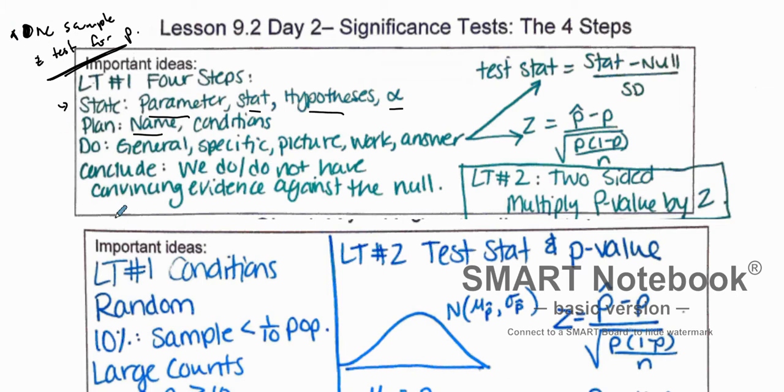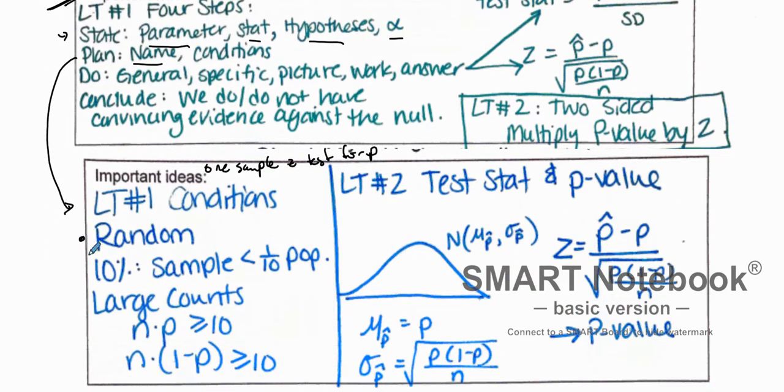So we're going to do a one-sample z-test for p. What are the conditions? If you look down here, the conditions for a one-sample z-test for p are this. You need to figure out it's random. And then you need to do the 10% condition, that's for independence.